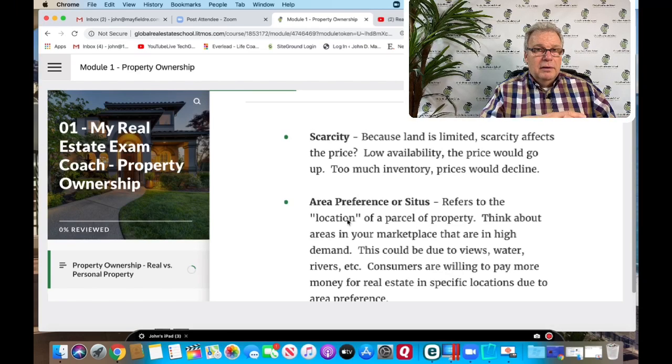I drive down there and I remind myself I live in one of the prettiest places in the world, and I've been to a lot of places. But you can buy land very, very cheap there, down around Lesterville and Black, Missouri, because there's more land available, and there's not as much demand because it's further out and away from things. So scarcity.